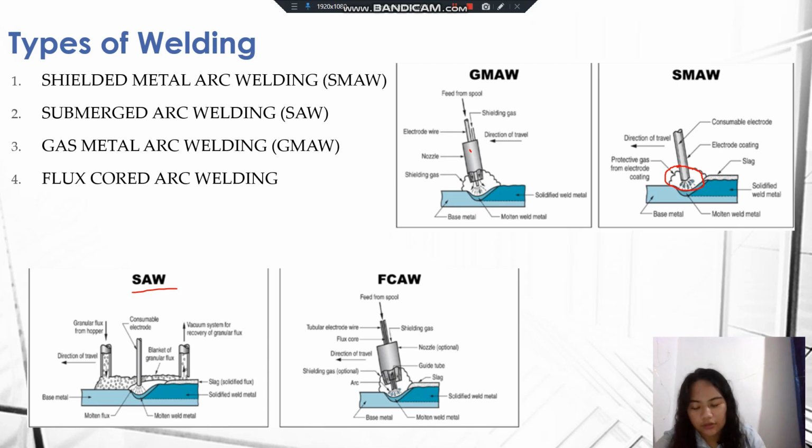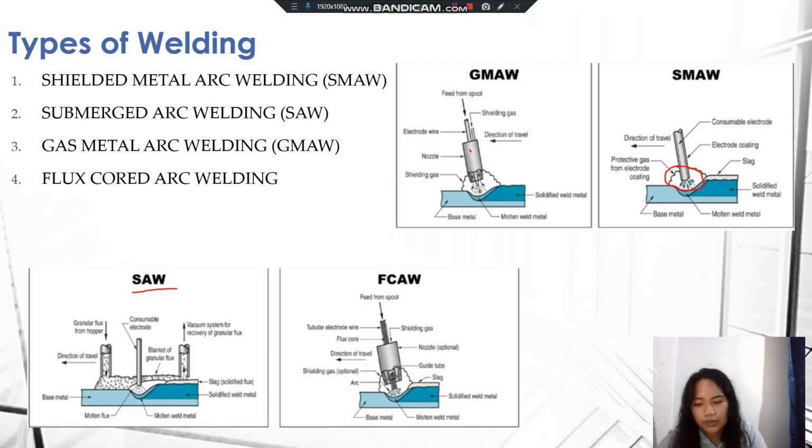In this method, a bare metal electrode is used as filler material. Compared with SMAW, submerged arc welding provides deeper penetration, and also shows good quality of ductility and corrosion resistance and high impact strength.